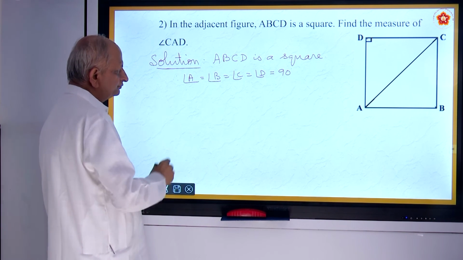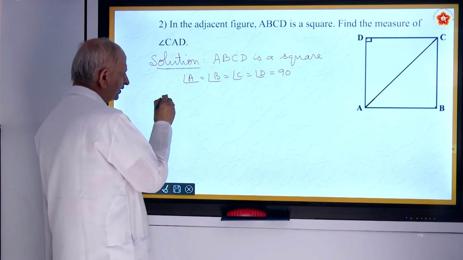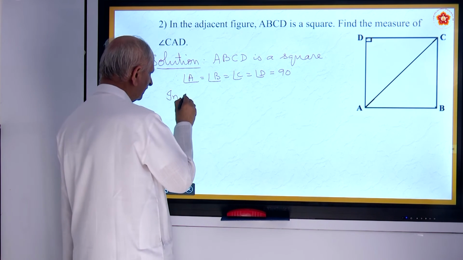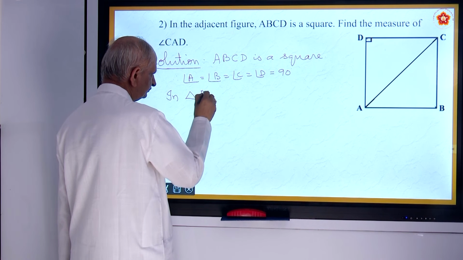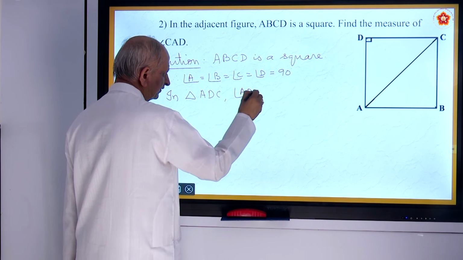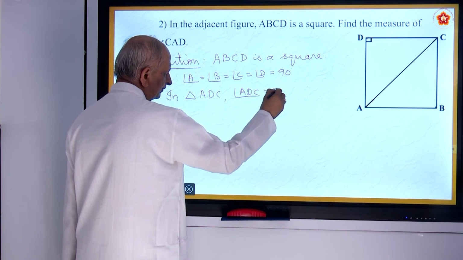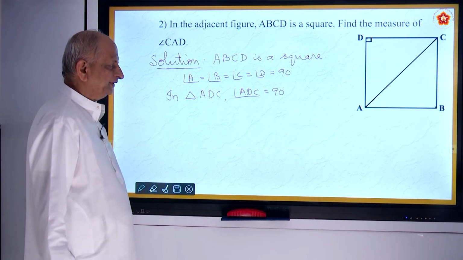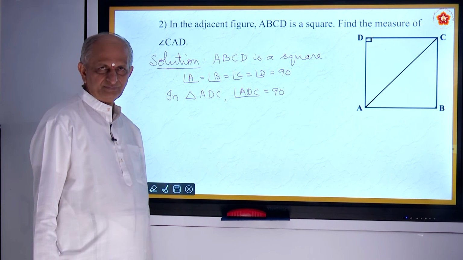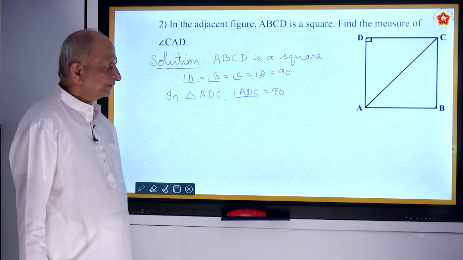In that, in triangle you can take one triangle, let us take triangle ADC, angle D is given to be 90 degrees. Angle D is 90 degrees, correct? And the sum of the other two angles must be 90, is it not?